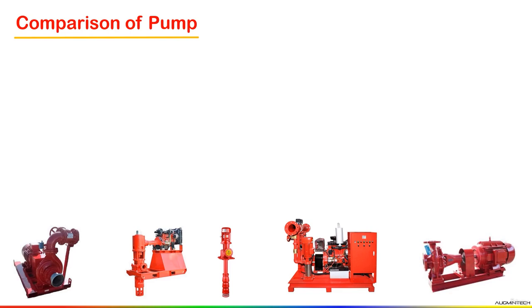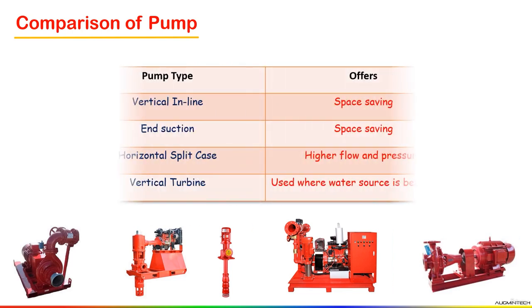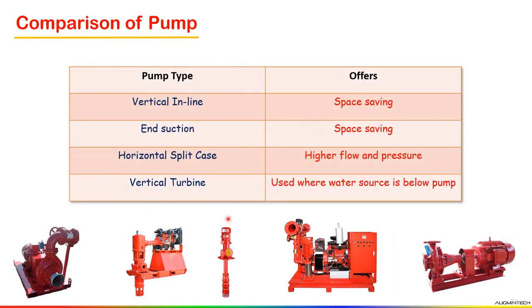Now see here, we have discussed the different types of pumps. Based on that, how can we compare all these pumps? See in this table, in the first column it is given pump type. We have the vertical inline pump, end suction pump, horizontal split case pump, and vertical turbine pump.